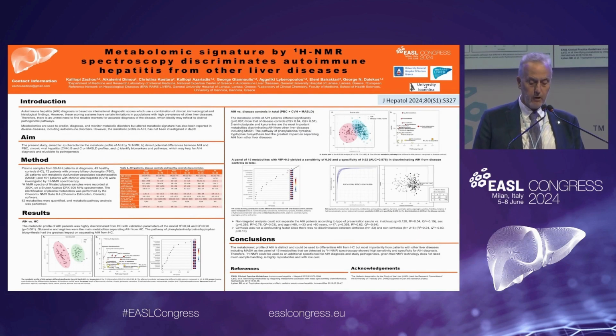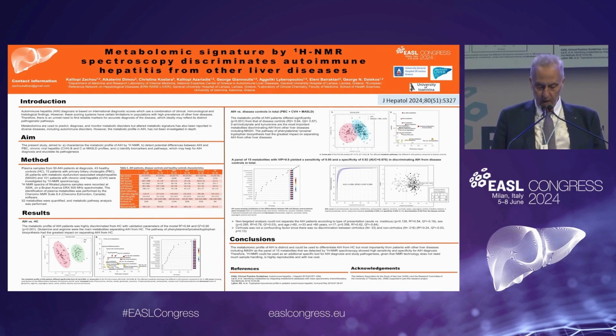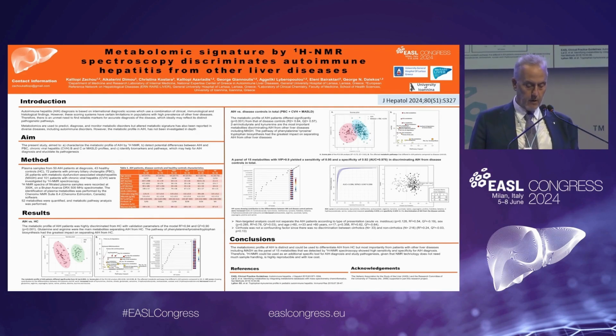Another potential new diagnostic test comes from a Greek study which showed that the metabolomics signature by proton NMR spectroscopy can discriminate autoimmune hepatitis both from healthy controls, as you see in the left bottom of the slide, and also from other liver diseases, including patients with MASLD, as you see in the right upper of the slide.